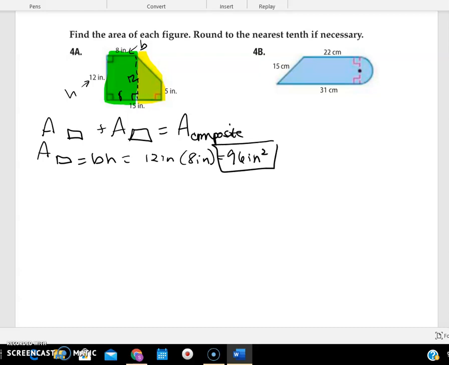Then we want to come back and we want to do the trapezoid. So for the area of the trapezoid, that's 1/2 the height times base 1 plus base 2.